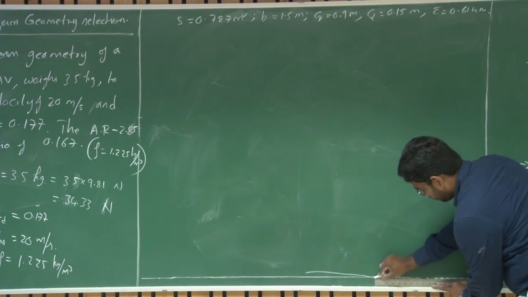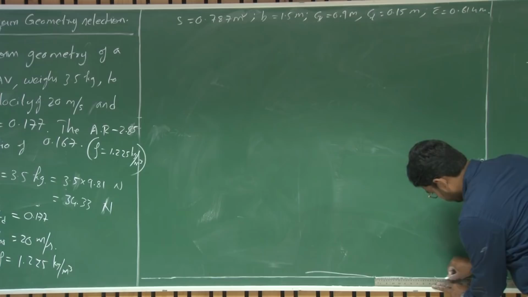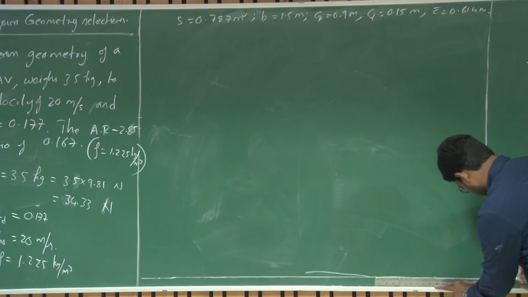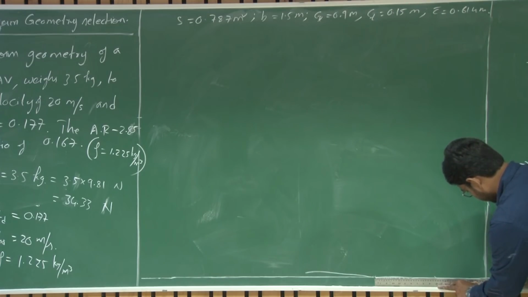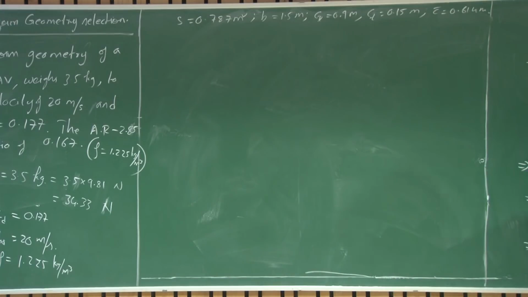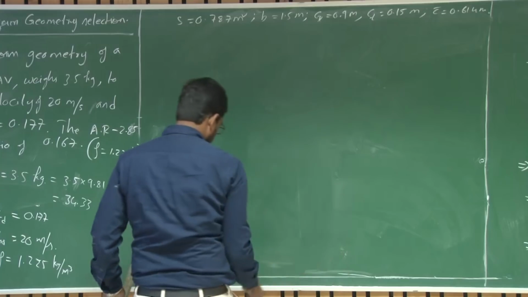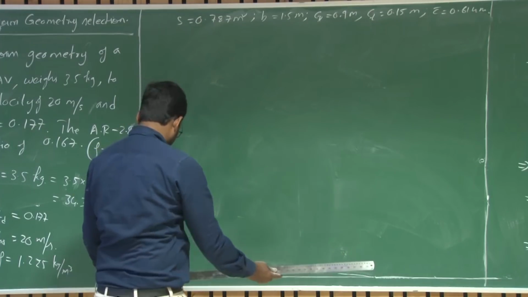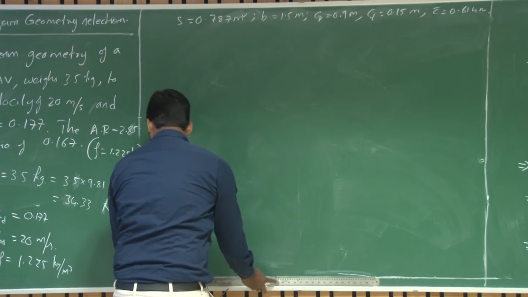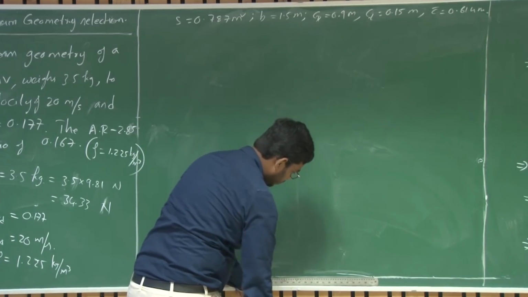This is half a meter. So I have a 1.5 meter span here, right. So where should the root chord be?